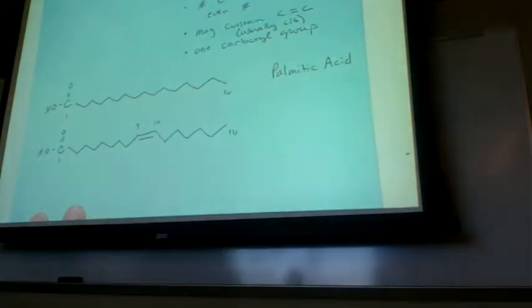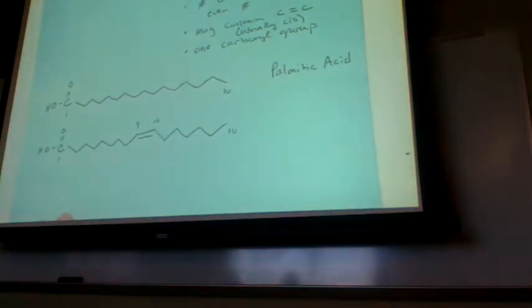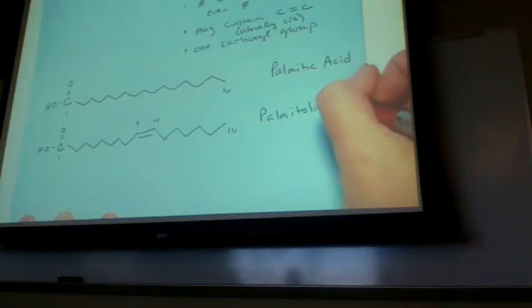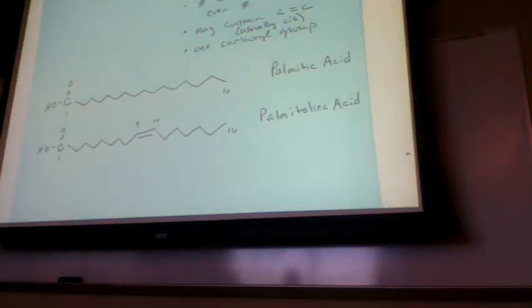So it's carbon number 1, carbon number 16, and that happens to be a double bond between 9 and 10. And that is palmitoleic acid. These are common names. Biochemistry, for whatever reason, steered clear of this.